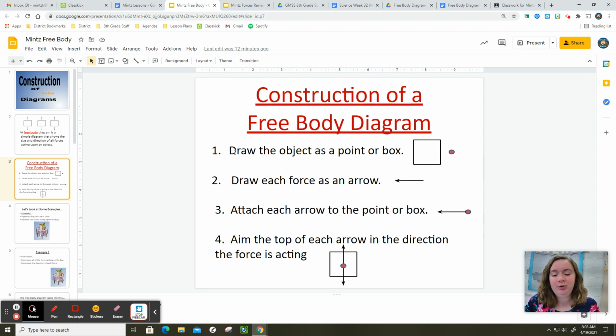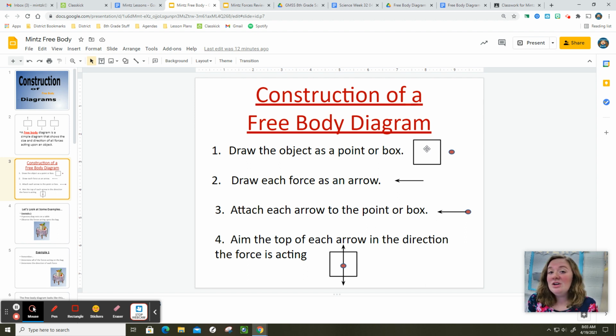So the construction of a free body diagram. First, we're going to draw the object as a point or a box. This box could represent me, or a sticky note, or my cat diorama here. It can represent anything, but whatever object you're representing, you're making a box, and then you're going to have a point on the box as well.